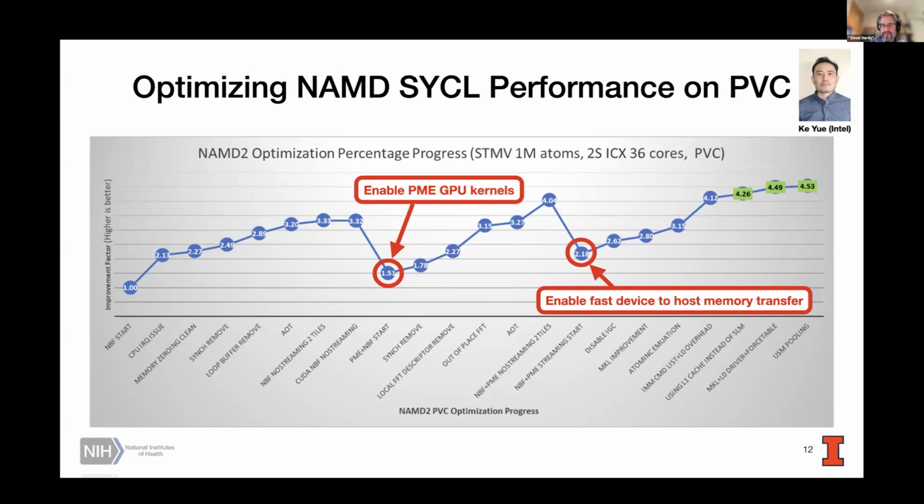So from device to host memory, we had a sort of a fast mechanism in place. But then we had to basically optimize away some of the synchronization overheads and the other sources of latency that was hindering performance. Ultimately, though, he was able to get all of this to work.